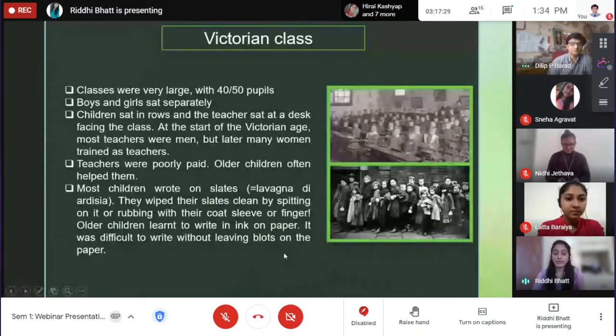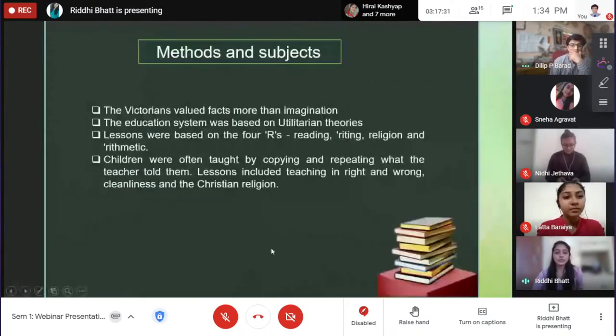Third one is methods and subject. Victorians valued facts more than imagination. We see in Charles Dickens' Hard Times, Mr. Gradgrind was a very calculating person. He had no room for imagination or fantasy. So we see that the Victorians valued facts more than imagination. Second, the education system was based on utilitarian theories.